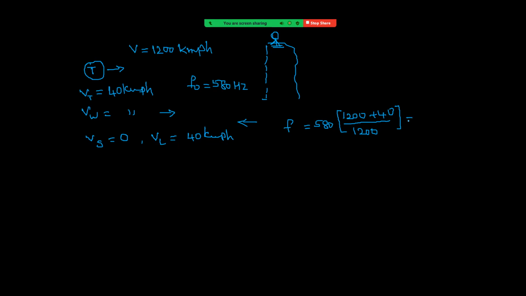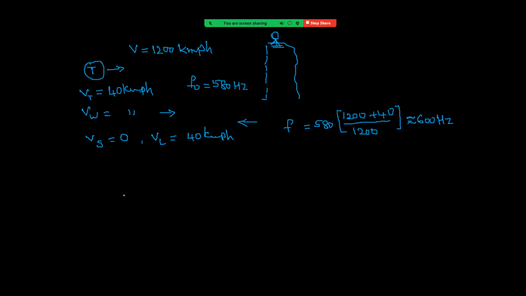Therefore, the answer is approximately 600 Hz. So first we are finding velocity of source and velocity of listener with respect to medium, and now putting values in that. Okay, right.